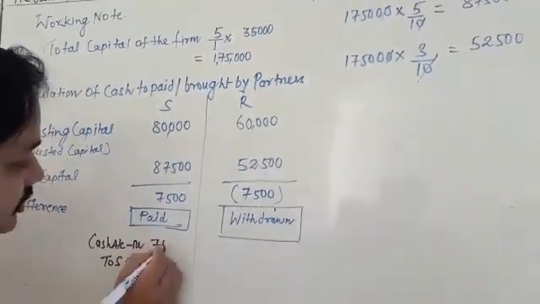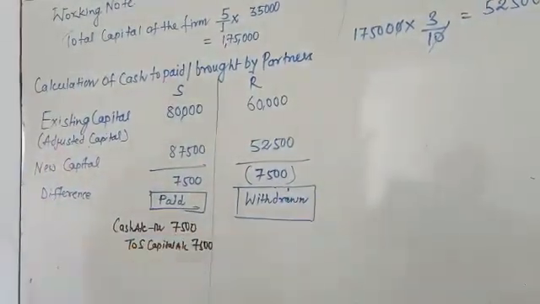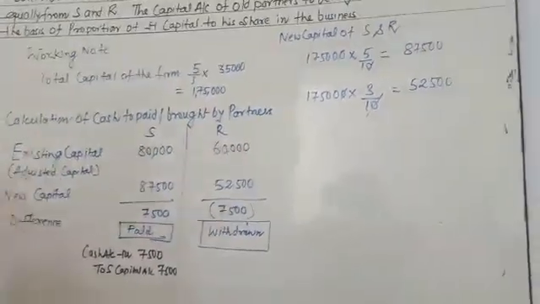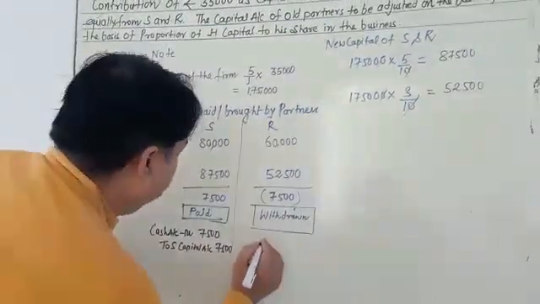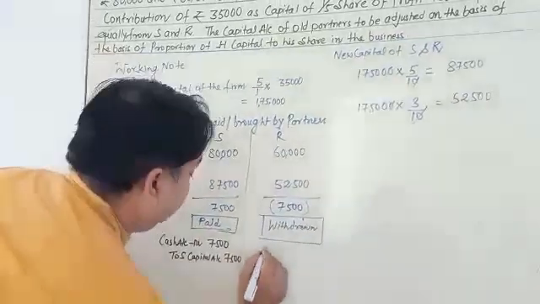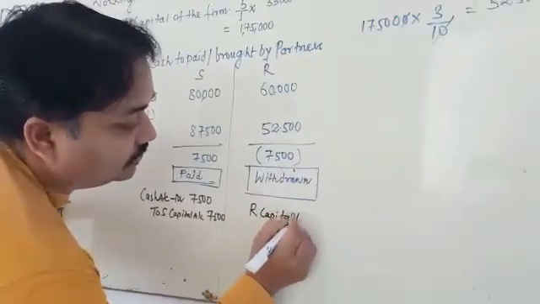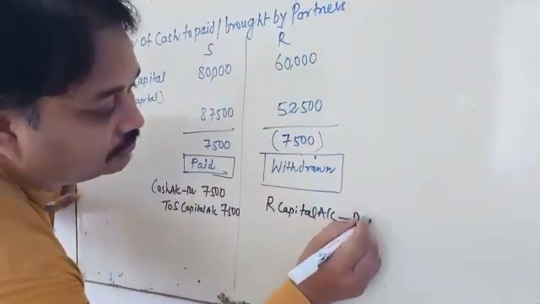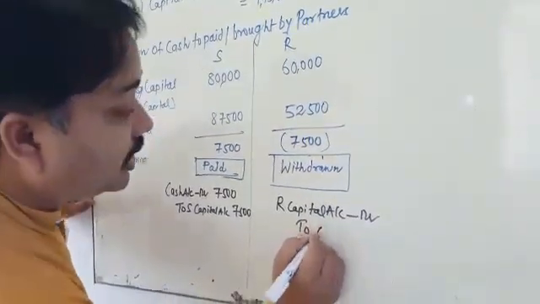that is 7,500. In this situation, he is going to withdraw. What amount is he going to withdraw? 7,500. So you just put the journal entry: R capital account debited to cash account.